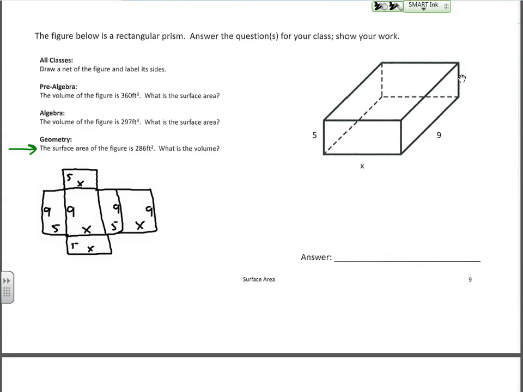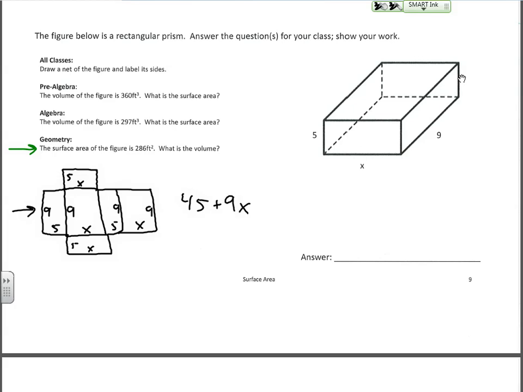And as we know here, the surface area is the sum of all of the areas of each face. So I've got my 6 faces here. I'm starting by going from left to right. 9 times 5 is 45. That's the area of that first face. Then going to the bottom of my box, 9 and x.